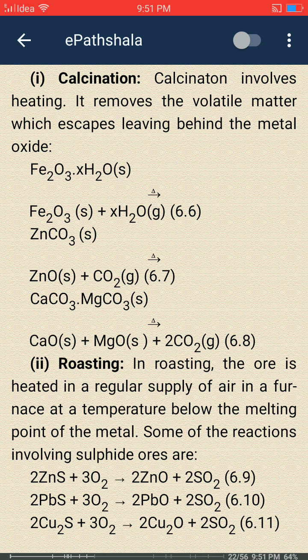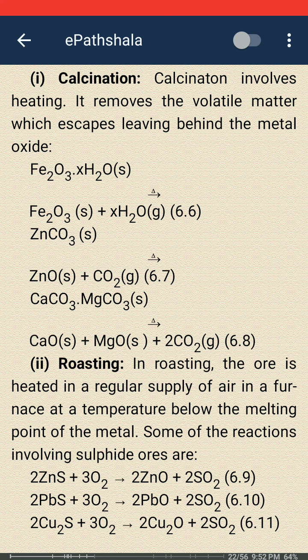And also calcium carbonate, magnesium carbonate, etc. also leave their oxides. So calcination is nothing but a conversion of carbonates to oxide. Metal carbonates can be converted into their oxide through calcination.